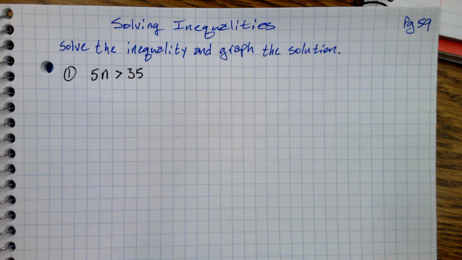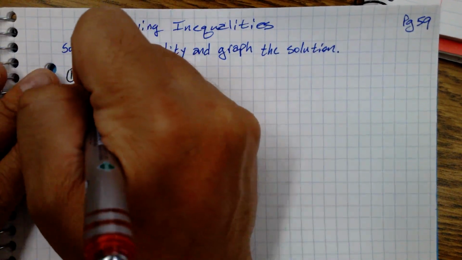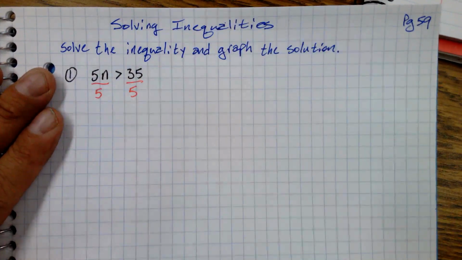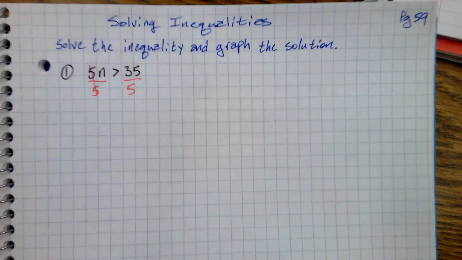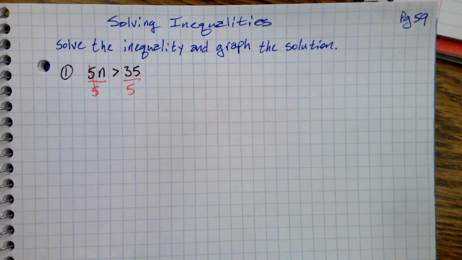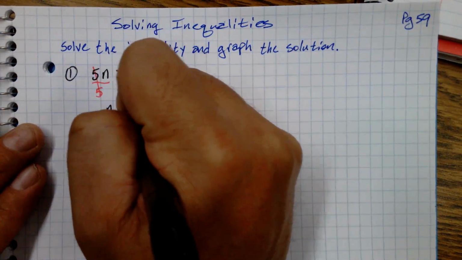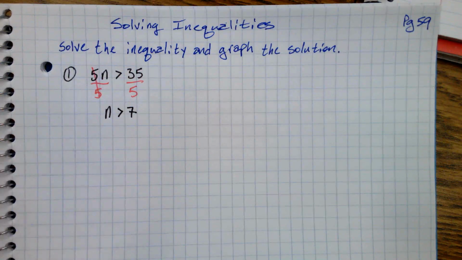So if it were an equation, we want to isolate the variable, divide by 5. Okay, and we'll cancel that out. And we end up with n is greater than 7. Okay, so that is our solution. That's our answer.